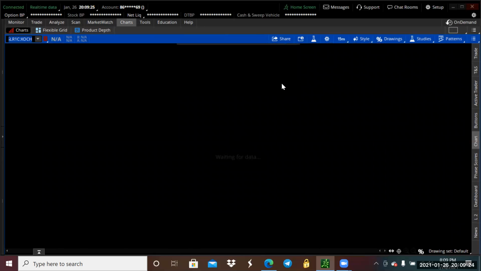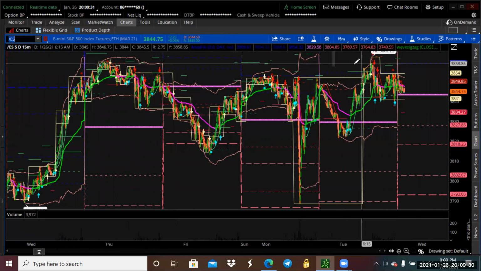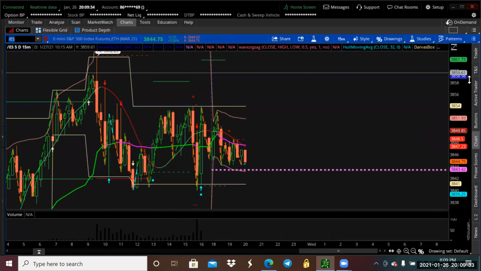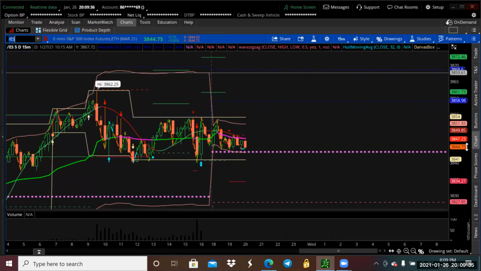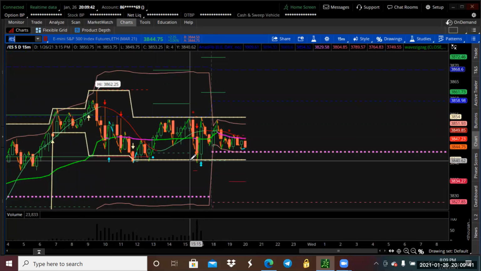So ES is actually falling. This is kind of hard because you have these two candles here where it went long and short.